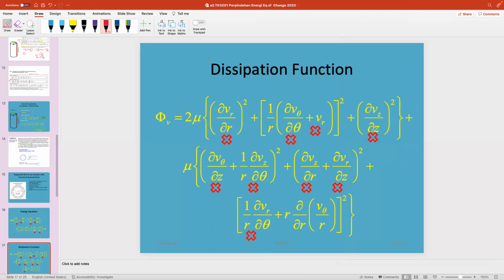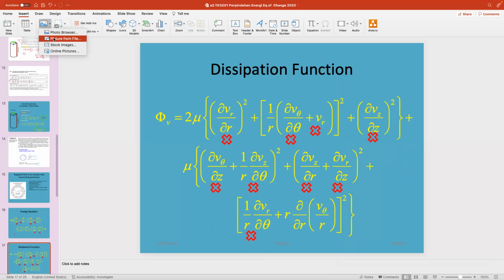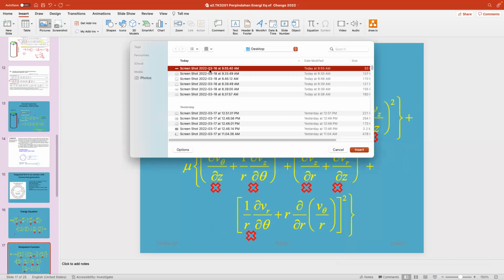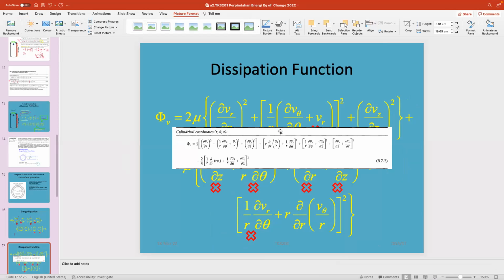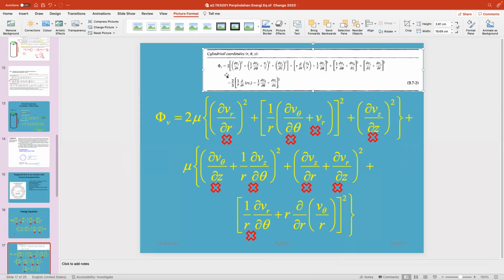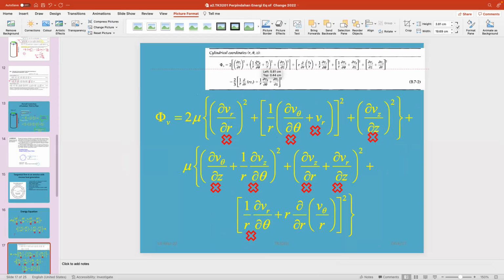Okay, maybe just copy it into here so we can check if our calculation is right. So this is the dissipation, quite similar to here.